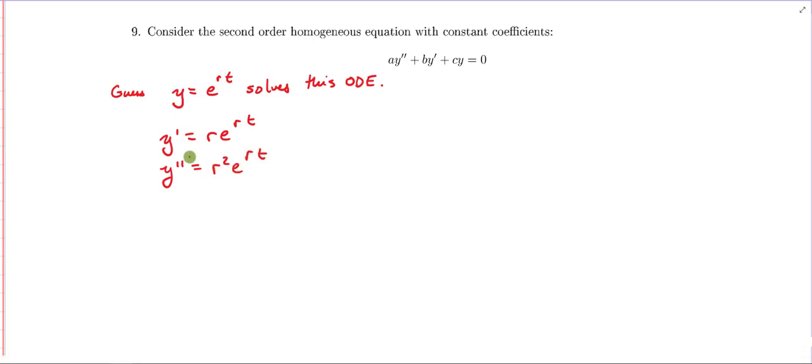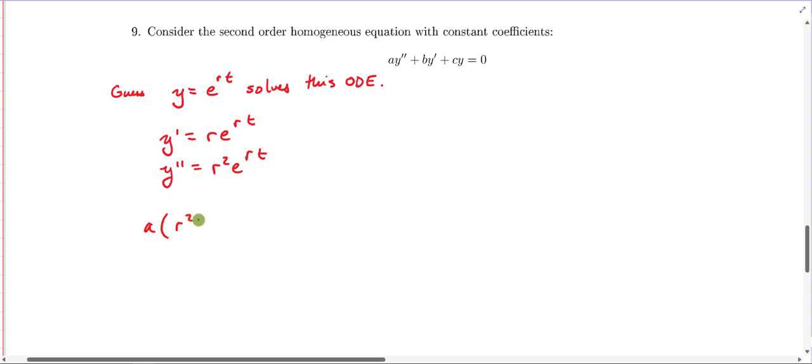Then let's plug each of these three functions into our original second order homogeneous ODE with these constant coefficients. And so what we'd have is a r squared e to the rt plus b times re to the rt plus c e to the rt needs to equal 0 for this to be true.